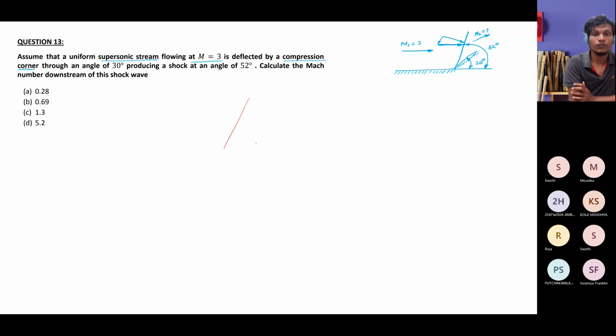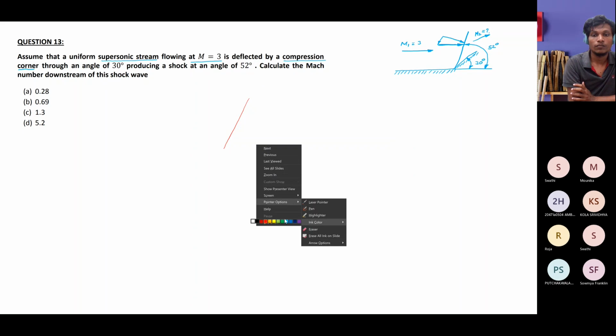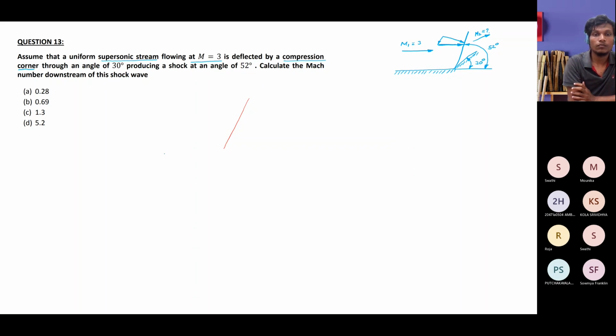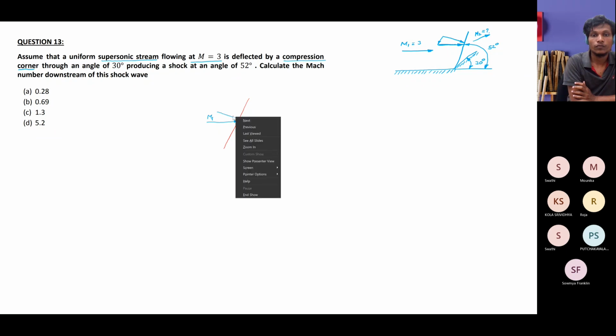This is the oblique shock wave, and this is the flow coming with the Mach number M1, and we resolved it in the direction perpendicular to the oblique shock wave.